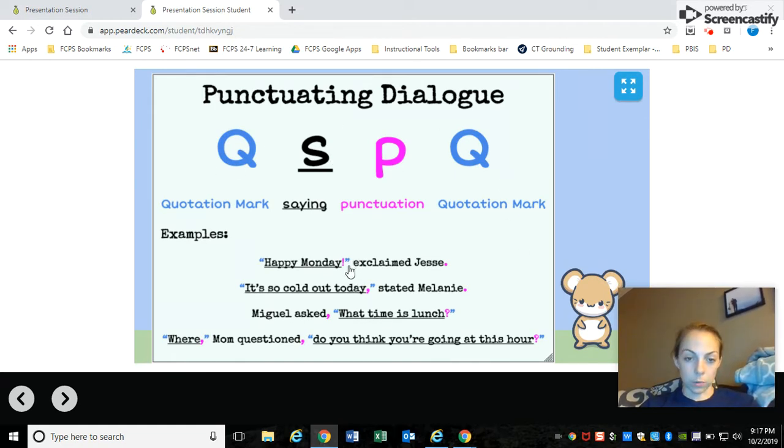That's these little blue things right here, or sometimes we do it like this with our fingers, because that's our symbol for quotation marks. And then the S stands for saying or sentence. Those are the words that the character is speaking. And then the P is for punctuation. Sometimes it's a comma, sometimes it's a period, sometimes it's an exclamation point, sometimes it's a question mark. It just depends where the saying falls within the sentence.